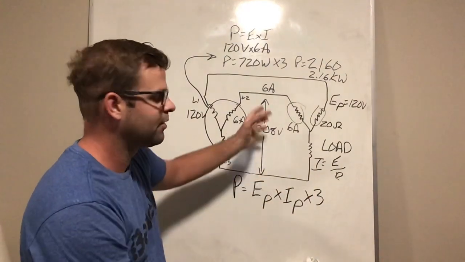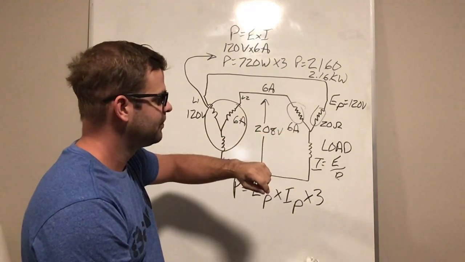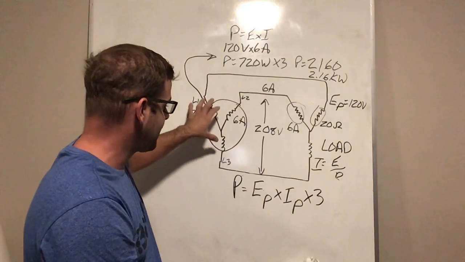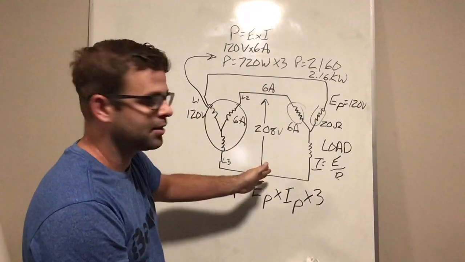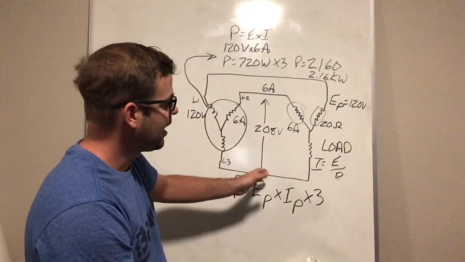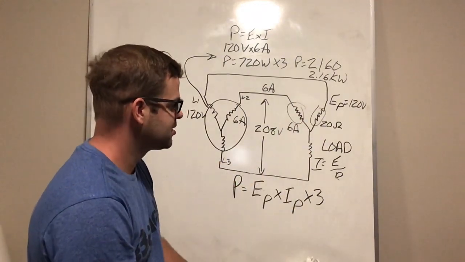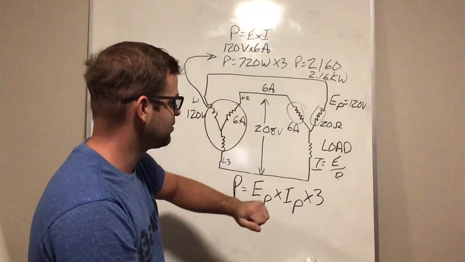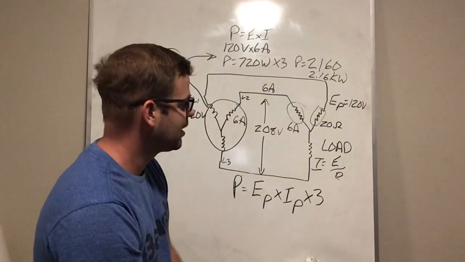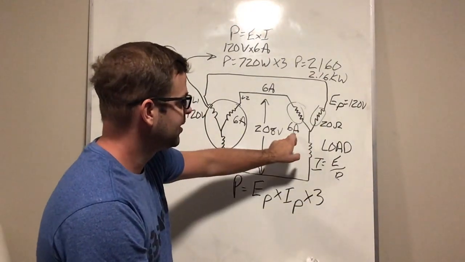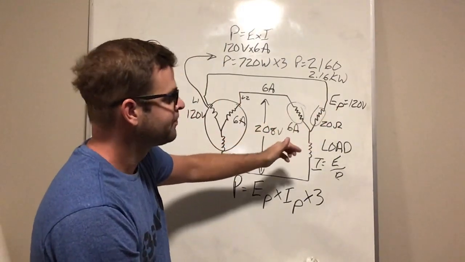If I negate losses or whatever else in my circuit, I should have the same power seen at my supply as I do in my line conductors. I only have one load right now, so I don't have to add up multiple powers. I can just take that single power the way it is. So the way I calculated power in my supply is the exact same way as I'm going to calculate power in my load, which was 6 times 120, so 720 watts times 3.